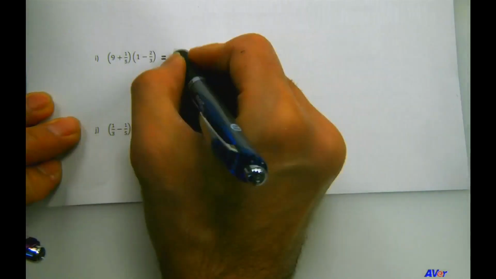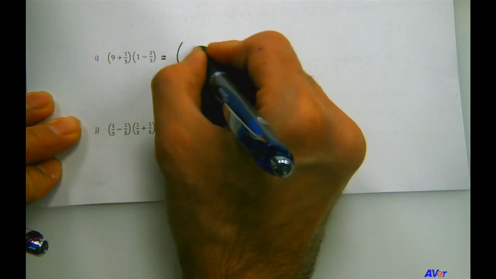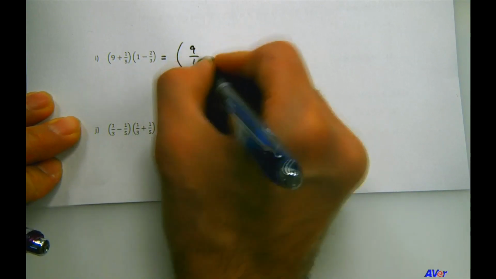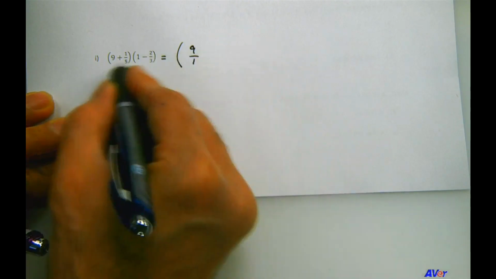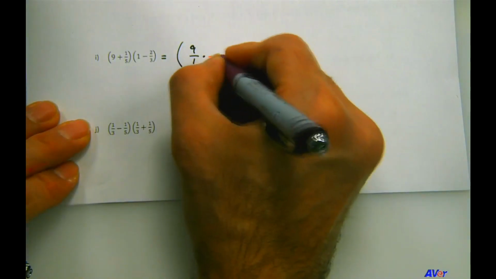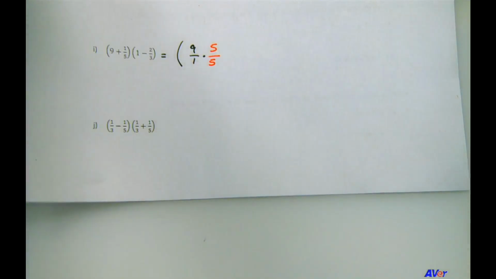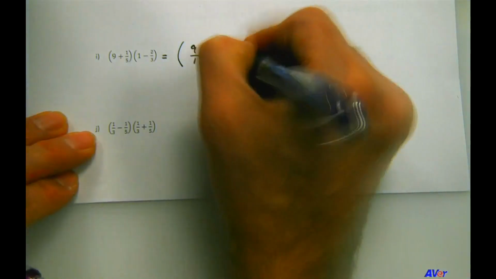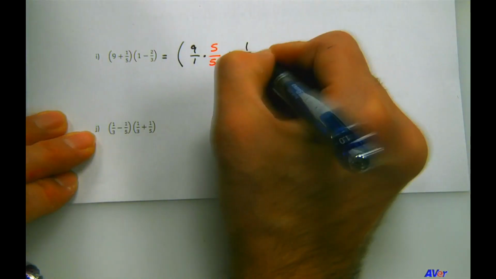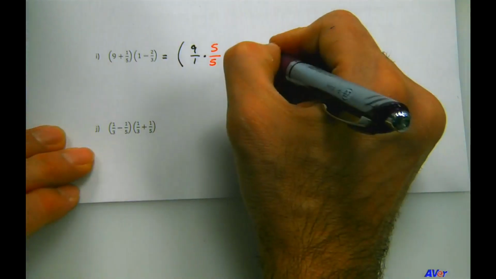Okay, so 9 has denominator 1, right? And the common denominator inside this parenthesis is, of course, 5. So we need to get this 1 to 5, so multiply it by 5. We have to multiply the numerator by 5 as well. Plus 1/5 times nothing, right?